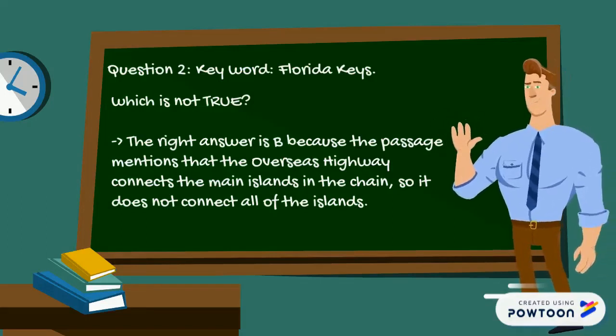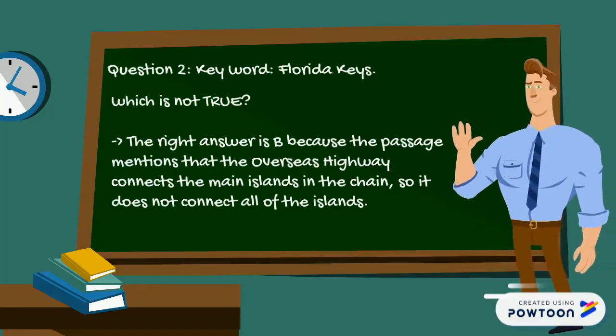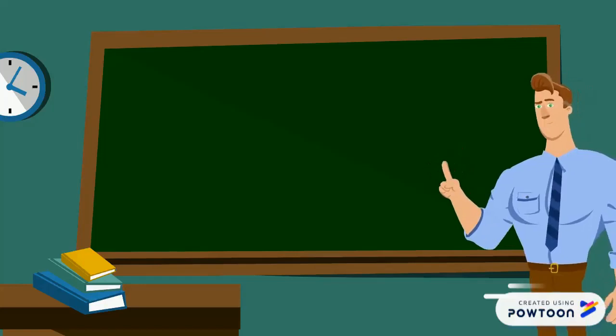The best answer is answer B. The passage states that the Overseas Highway connects the main islands in the chain, so it does not connect all of the islands.